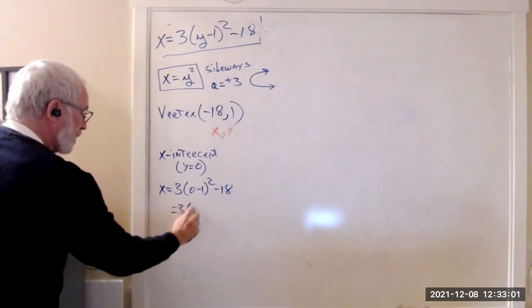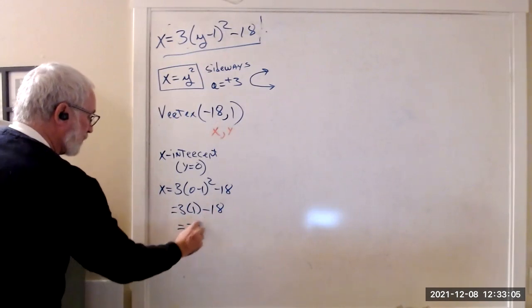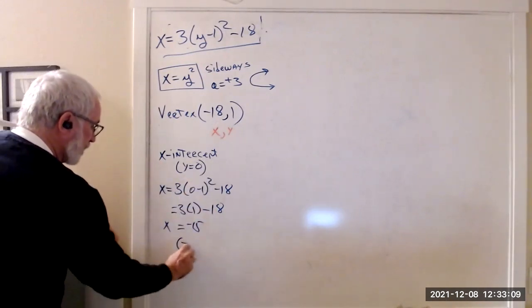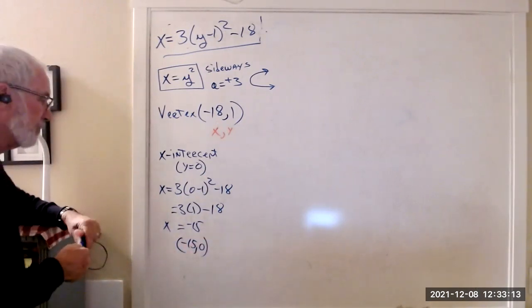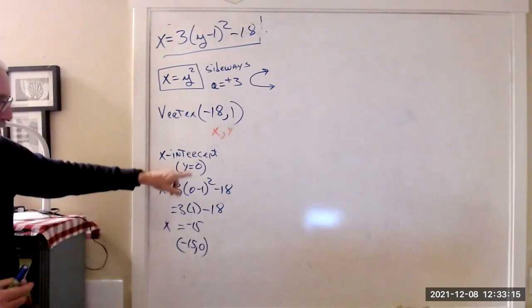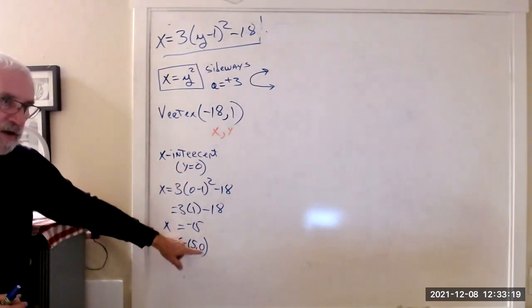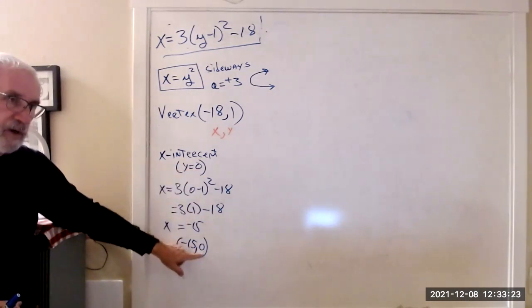That's 3 times 1 minus 18. That's -15. So my X-intercept is -15, 0. Again, remember, the first number is the X value, the second number is the Y value. So we said Y was 0, so the second number has to be 0.